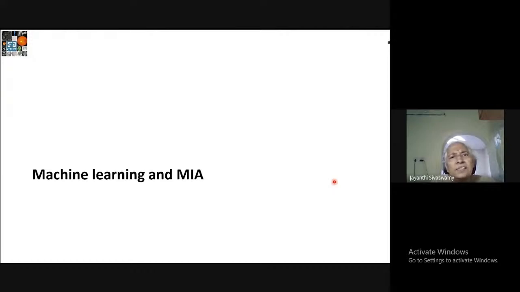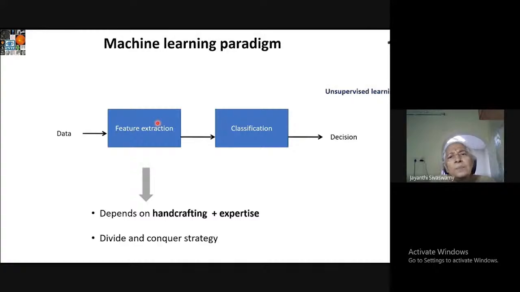So traditionally machine learning typically starts with data, in our case medical image data, and extracts features from it and passes it on to a classifier to come up with a decision about the data.